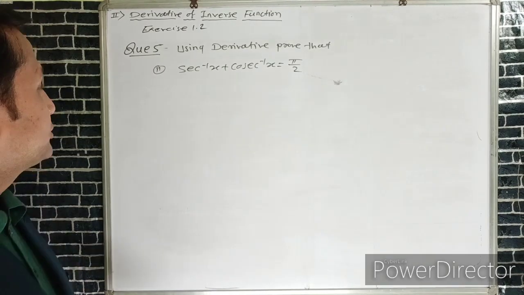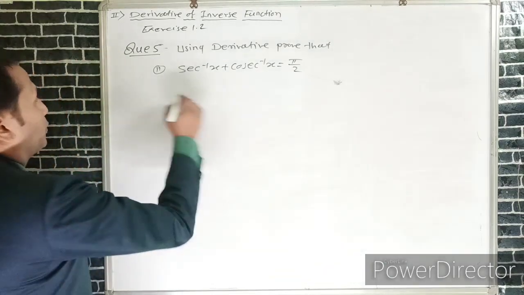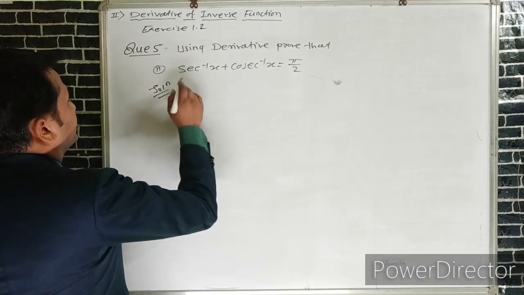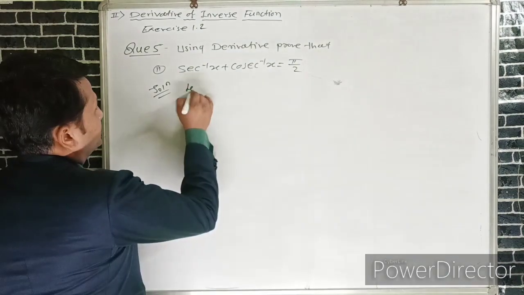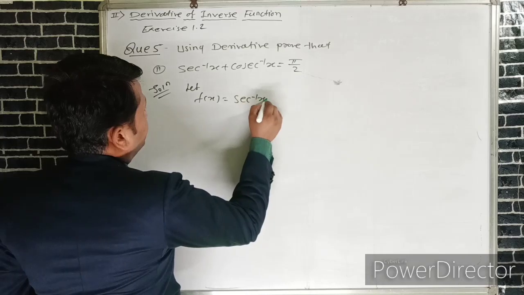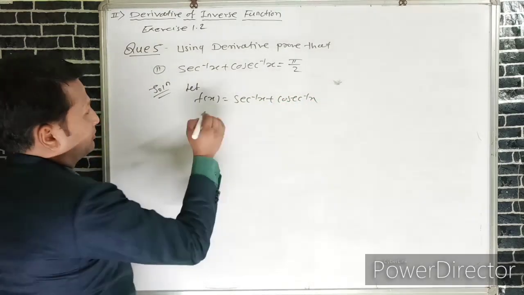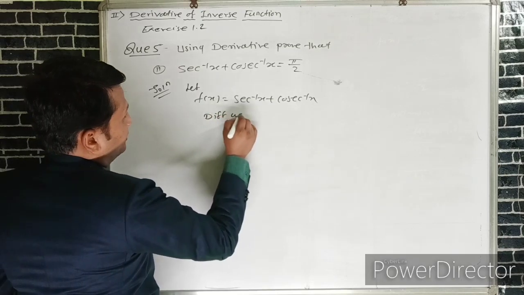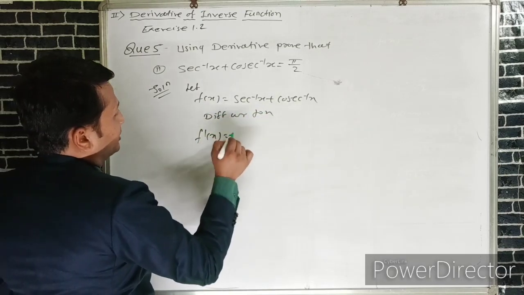Again, next one: sec inverse x plus cosec inverse x is equal to pi by 2. We have to prove this. First we consider that f of x is equal to sec inverse x plus cosec inverse x. After that, if we differentiate the given function with respect to x, then we can write the derivative of f of x is f dash of x.